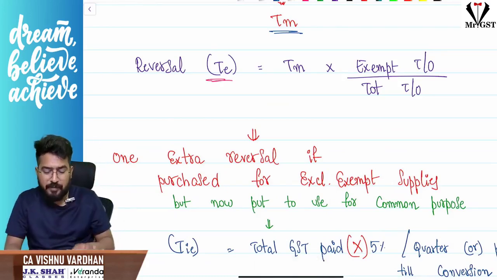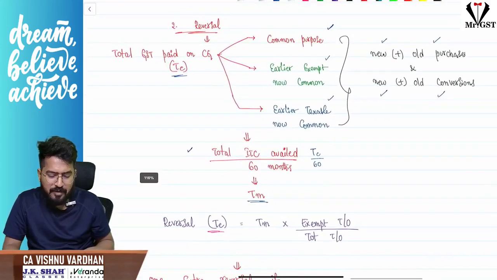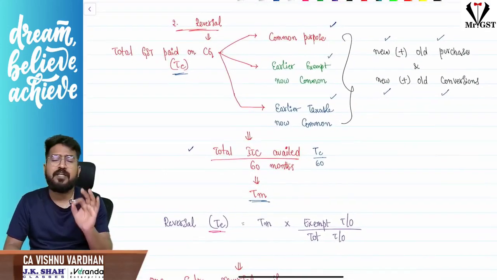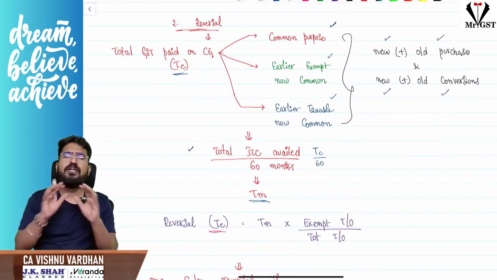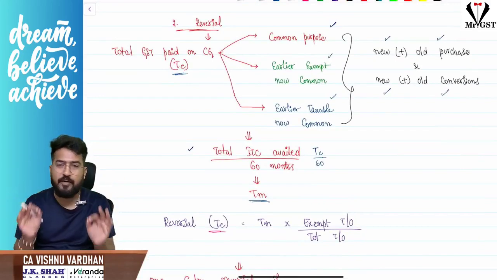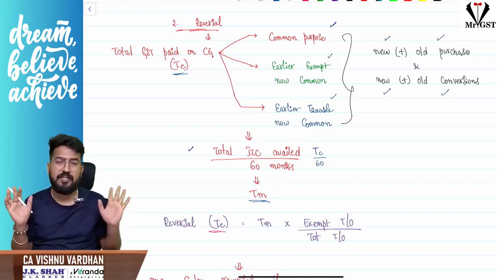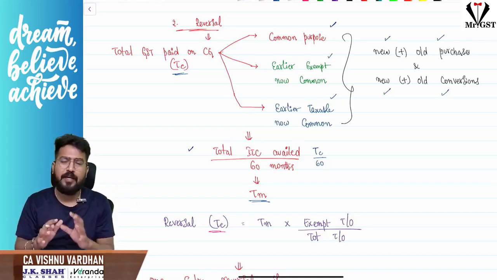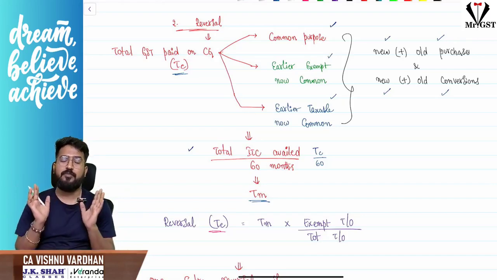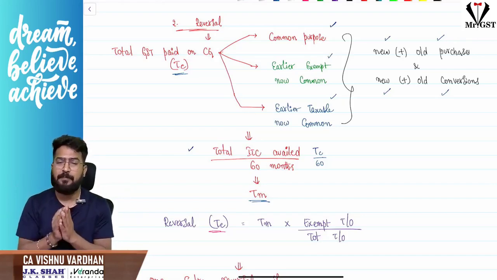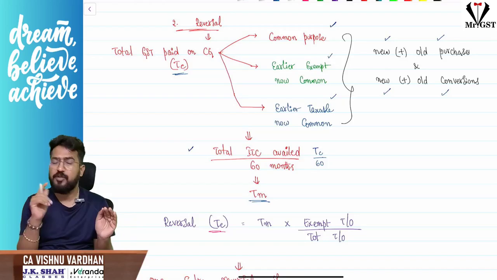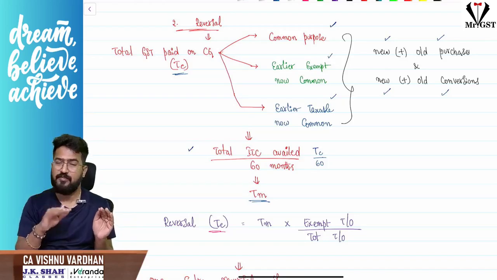Okay, so I repeat again, it is very simple. Whatever capital goods are being used for common purpose, you take, no matter when they were purchased, no matter when they were converted. Take all the capital goods which right now are being used for common purpose, and whatever GST was paid on them is the common credit, because on that you should have already taken ITC, through conversions, purchases, all this.